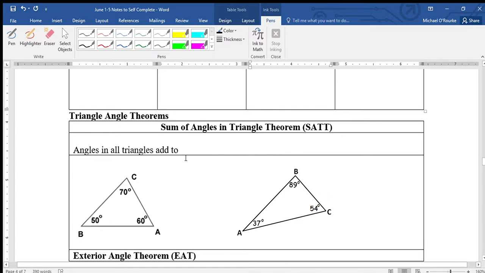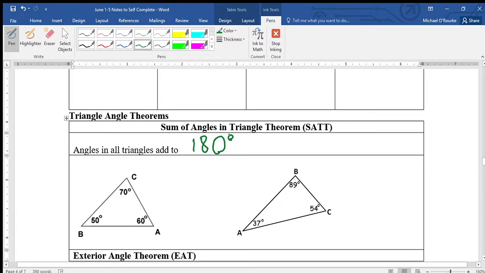So the first theorem we're working with is the triangle angle theorem, the sum of angles in a triangle theorem. So SAT says all angles in all triangles add to, let me use my pen here because it stands out more, 180 degrees.